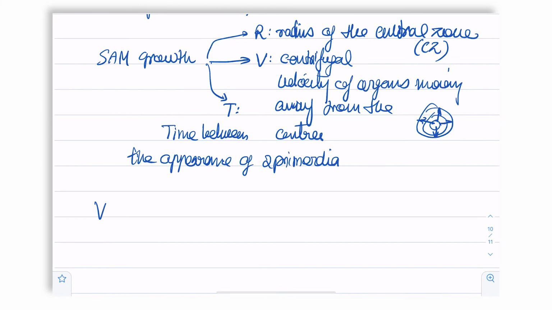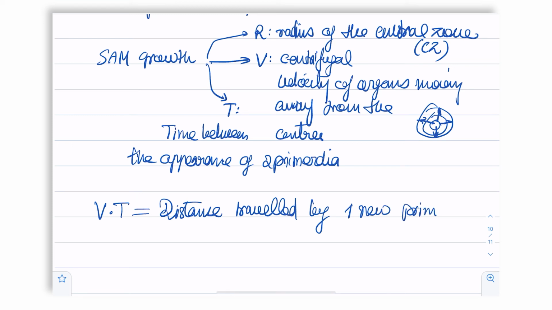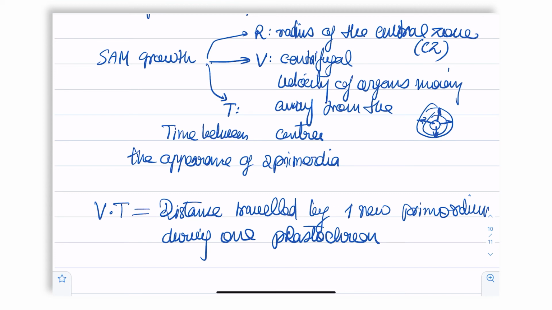By definition, V times T is equal to the distance traveled by one new primordium during one plastochron. One plastochron is one expansion cycle of appearance of a new primordium.